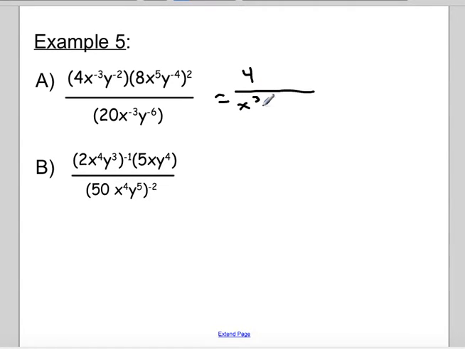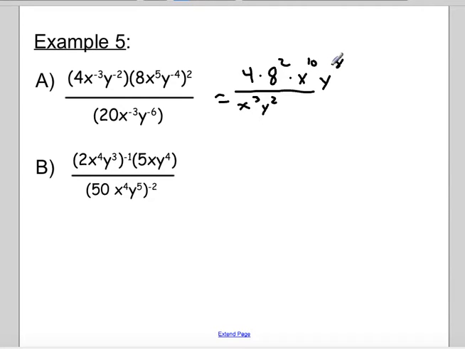That y to the -2, I might as well bring that down as well. And then notice this next one here, this 8x to the 5th, y to the -4, is all to the -2 power. So what I might do here is I might take everything in there to the 2nd power. So 8 to the 2nd power, x to the 5th to the 2nd is x to the 10th. And then y to the -8.